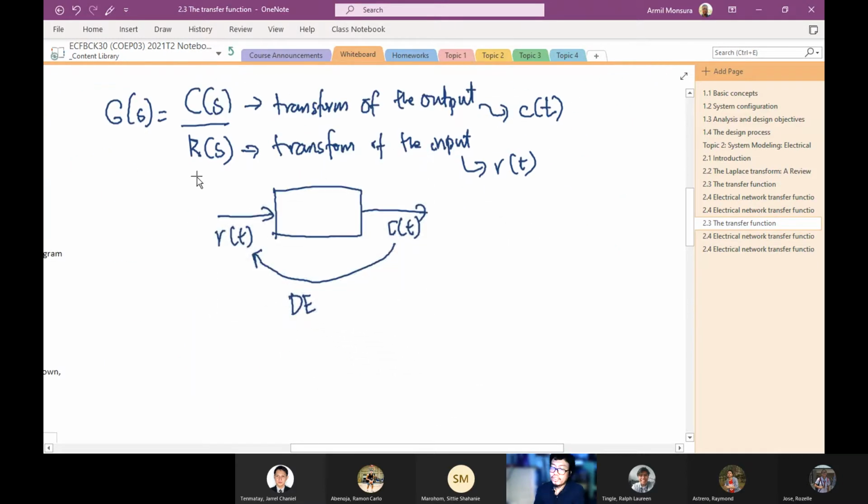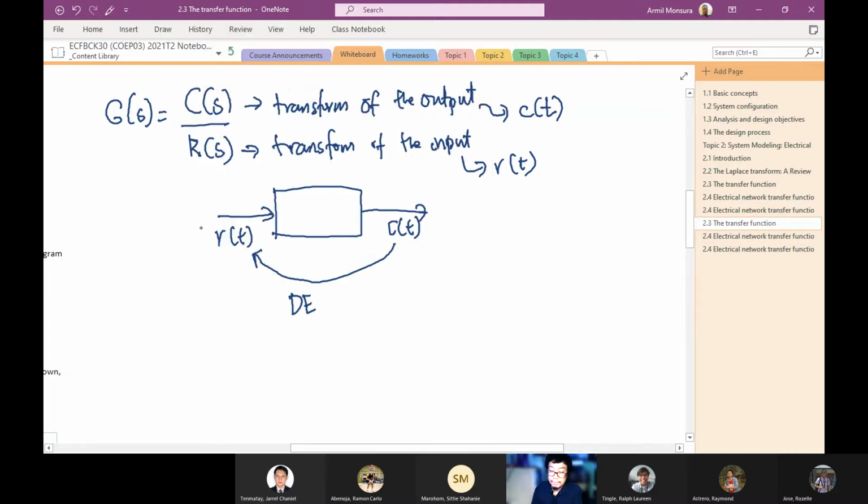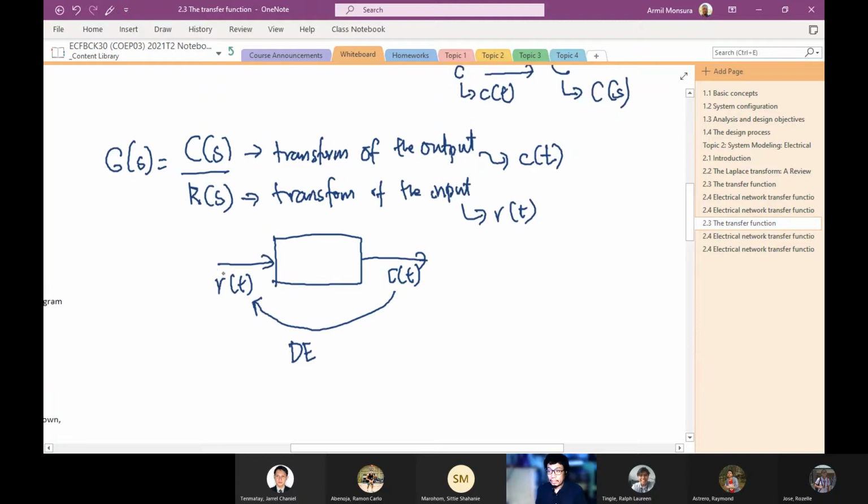So, yung sinasabi natin kanina tungkol sa system niyo is that since R of T at saka C of T is described by a differential equation, this is tough to solve. Especially if your differential equation contains very high ordered derivatives. Okay. So, ang alternative natin is to use Laplace transform. Okay? But which requires us to find the Laplace transform of R of T, which is R of S nga.